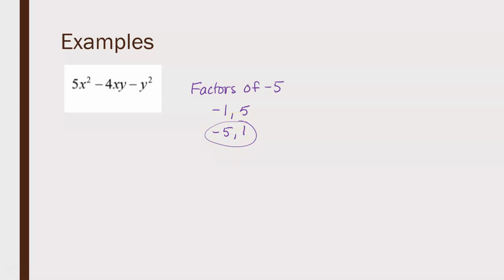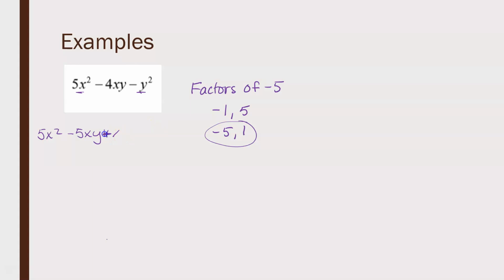Now, we have to use both the variables here because we have an x and a y. So this one's kind of tricky. So I have 5x squared, and I'm going to split up that -4xy to be -5xy and just 1 or positive xy.